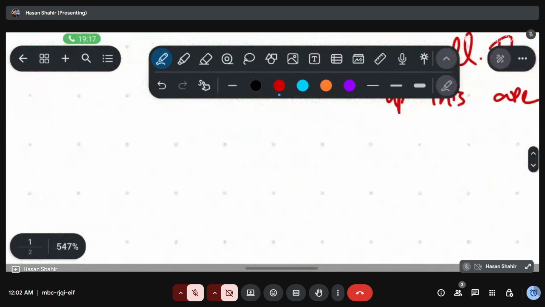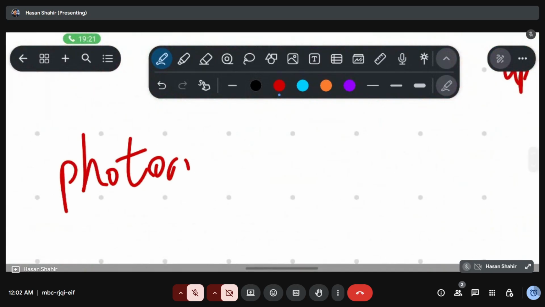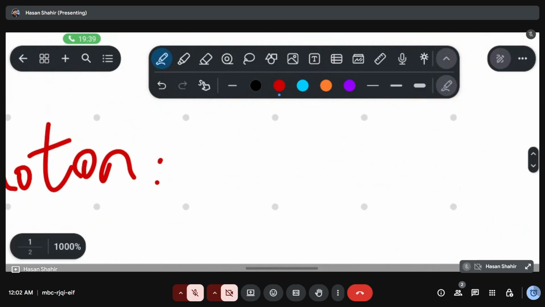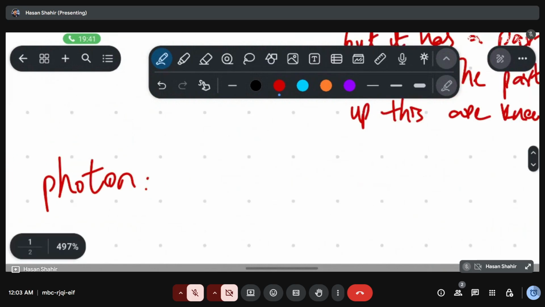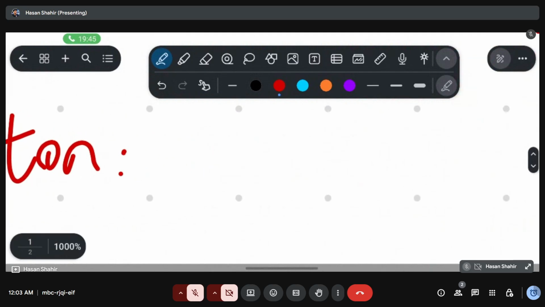All right. So a photon is basically a small packet of energy, a discrete packet of energy, or also known as a quantum of energy. And an energy of what? Energy of electromagnetic radiation. So meaning that a photon can be a small packet of microwaves, small packet of light, small packet of gamma rays, and so on and so forth. So let's just write this down as well.